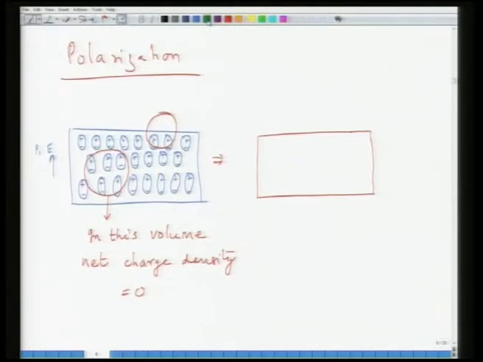So, the situation looks like this: you have positive charge here. It appears as if here you have no charge, and these are your surface charges.